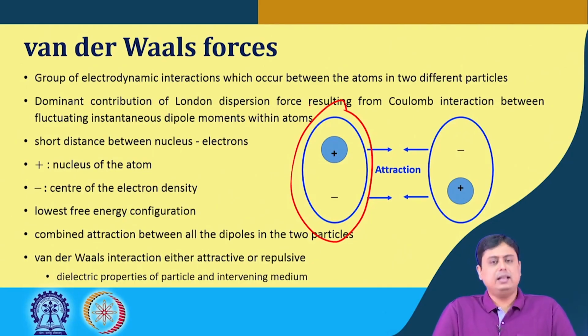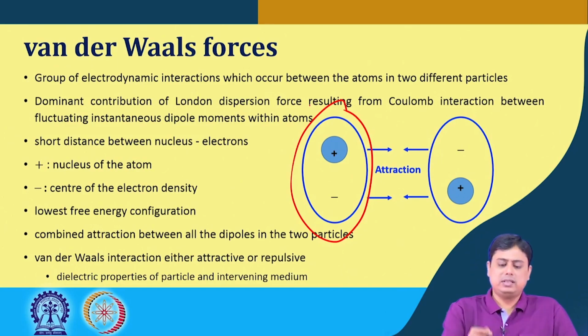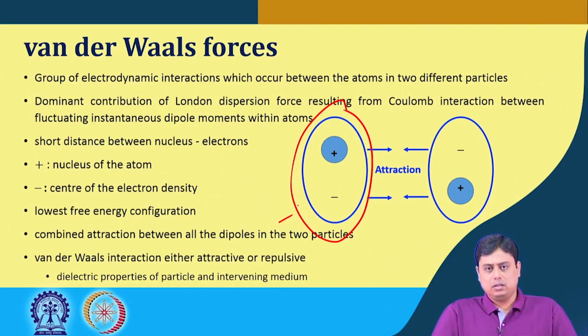Since this electron density is shifting with time continuously, it would try to adjust to its lowest energy state. This is actually called the dipole moment. Now these dipole moments will occur in all the elements of this particle. Now these will try to rearrange themselves in order to be in sync.